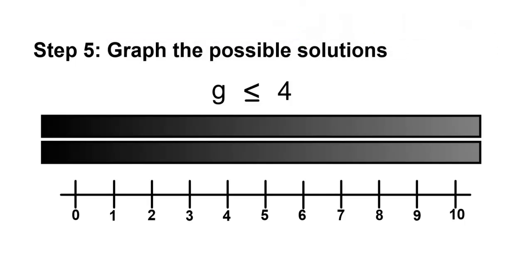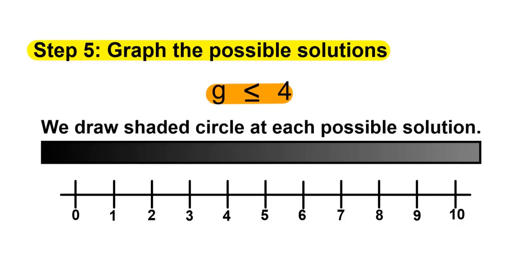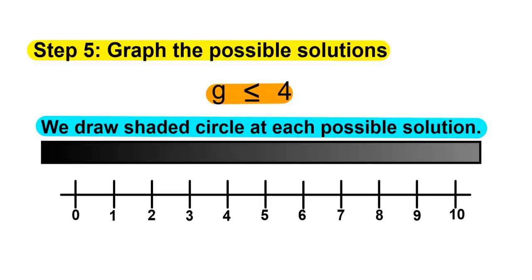Step number 5, graph the possible solutions. G is less than or equal to 4. We draw a shaded circle at each possible solution.